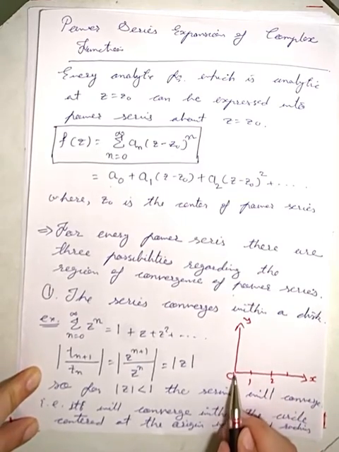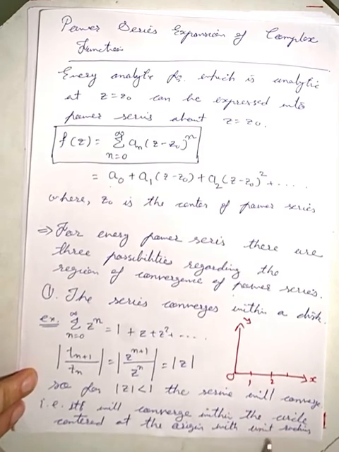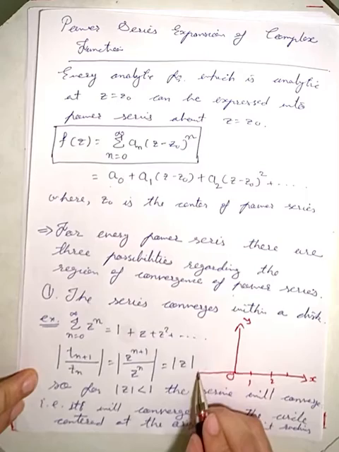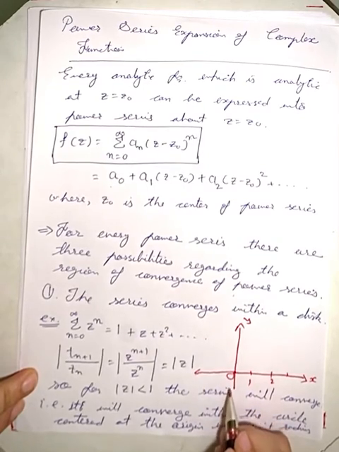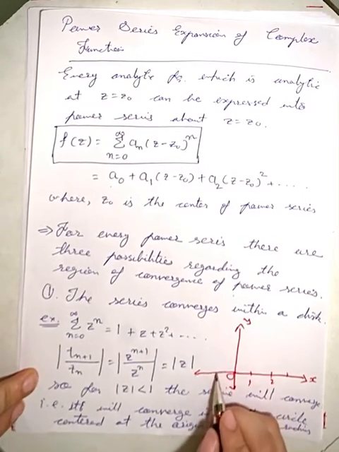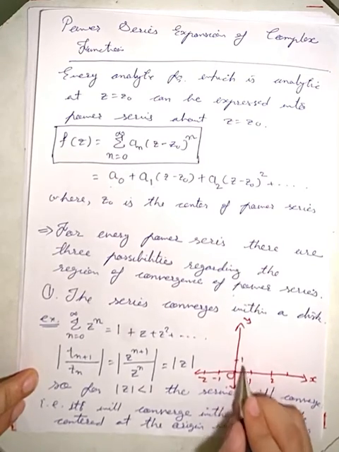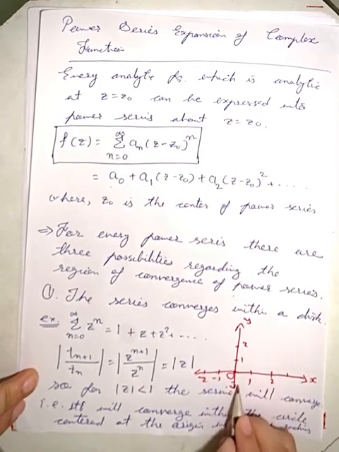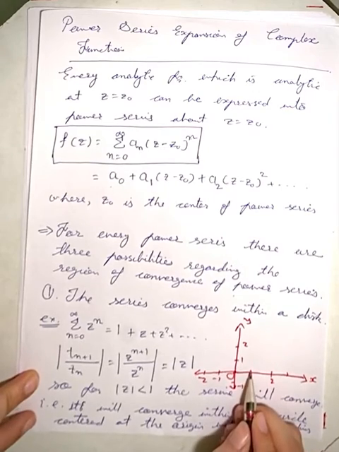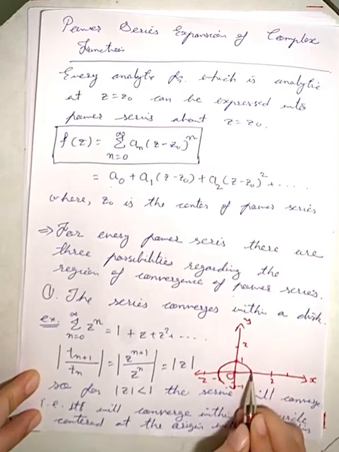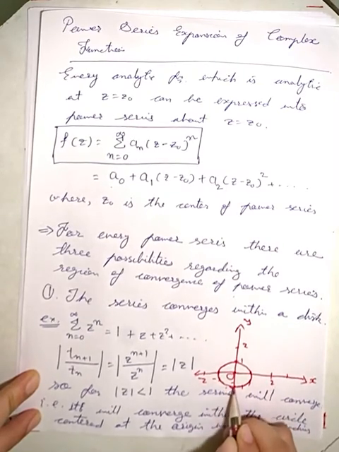So it is centered at the origin with unit radius, meaning with radius 1. So here will be the minus 1, it's like this. So your disk will be like this, okay?